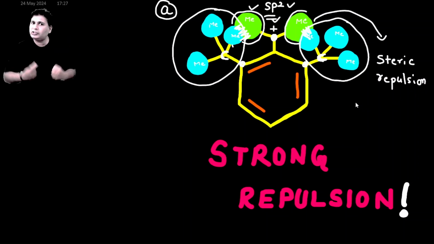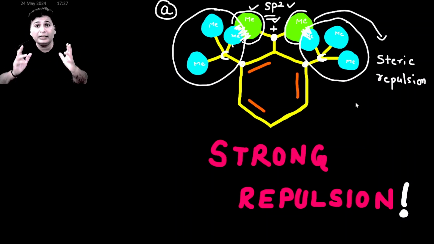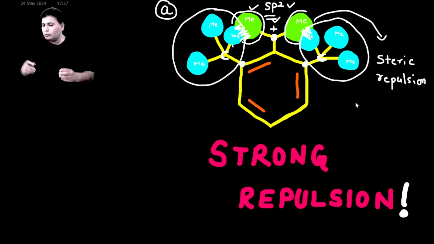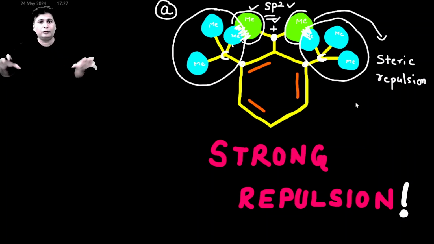Now there is a repulsion, and as there is a repulsion, the potential energy of the system increases. It becomes unstable. So what does repulsion bring to a system? It brings instability. This particular instability is because of the sizes of the groups, the 2 methyls on the carbocation and the 2 tertiary butyl groups at the ortho positions of the benzene ring. Now what to do?